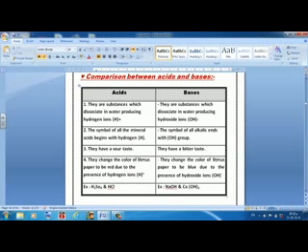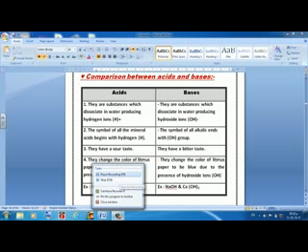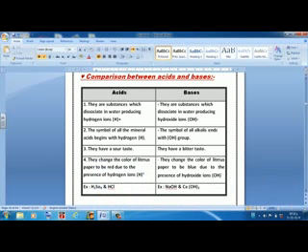Examples of acids: H2SO4 and HCl. Examples of bases: NaOH or Ca(OH)2.